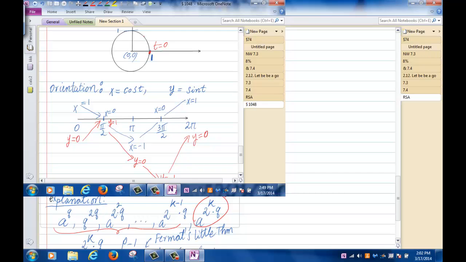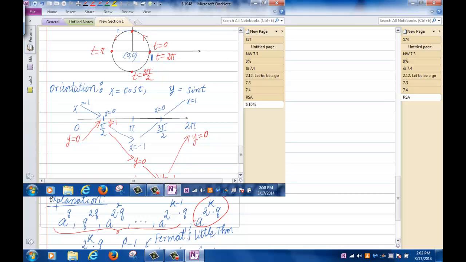So I know that it's tracing this way, right? But as t goes from pi over 2 to pi, it's coming from this point to this point here, right? So at time t equals pi, it's right here. And then at time t equals 3 pi over 2, it's going to come back here. And then at time 2 pi, it's coming back to the initial point.